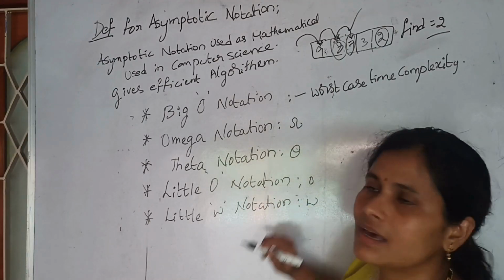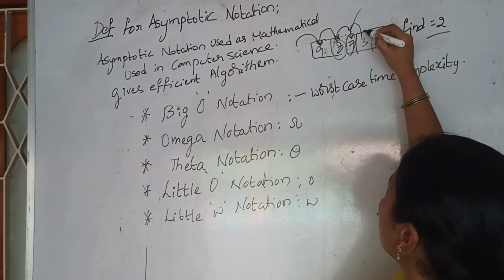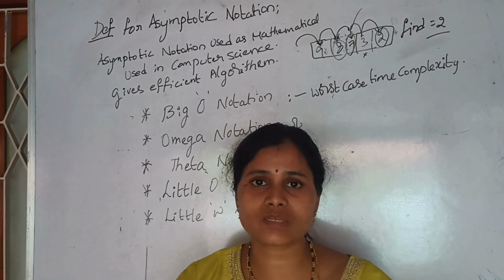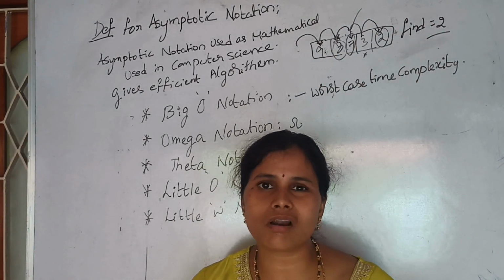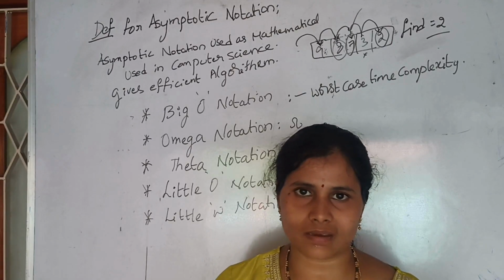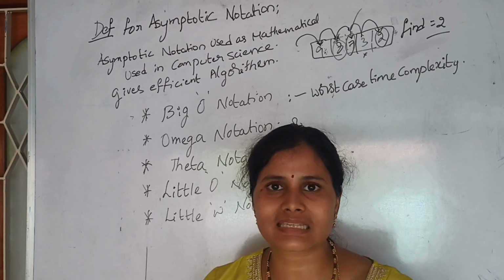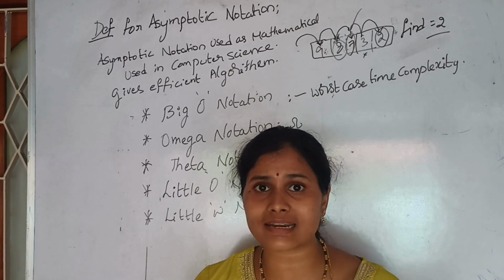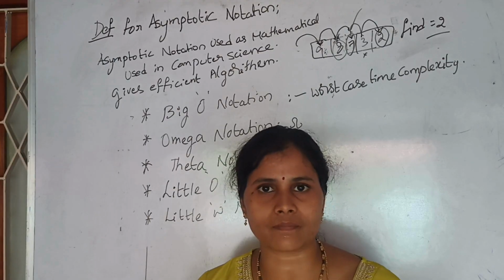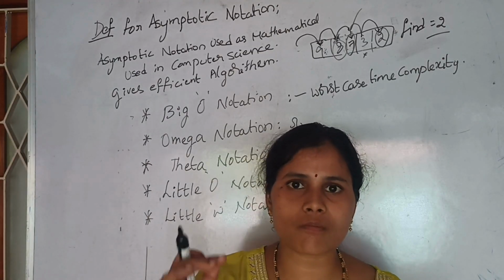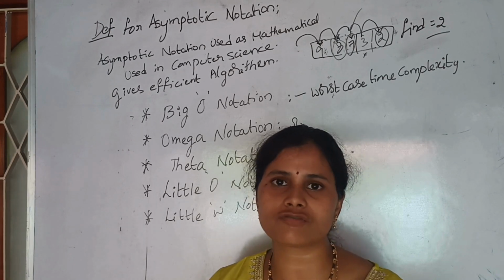Finally the compiler enters the next block, it's not matching, and it moves on to the last block, where it's matching. This is called worst case time complexity. Worst case time complexity gives you the exact result, but it takes time, though the result is efficient. So keep it in your mind, students, this is very useful.